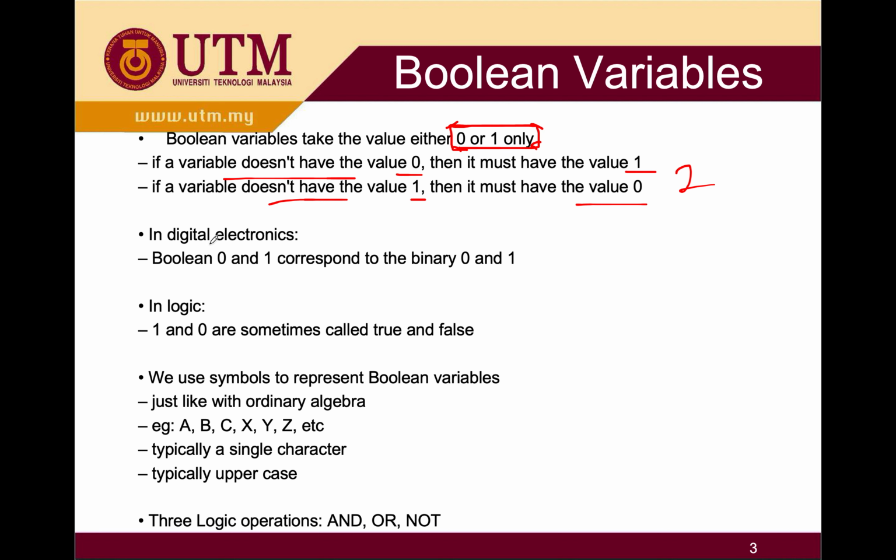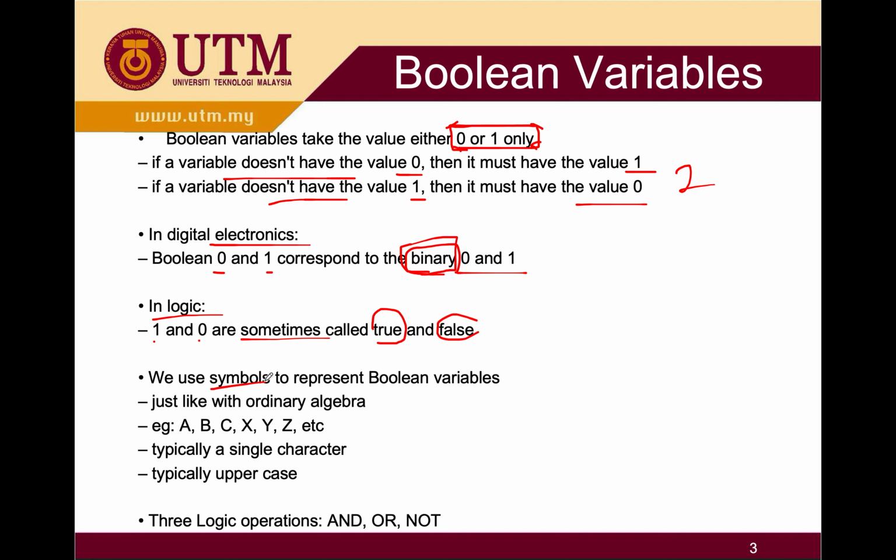And also in digital electronics, you have the Boolean 0 and 1, which corresponds to binary. This one you already learned in your numbering system. You have binary, and binary only has the digits 0 and 1. In logic, 0 and 1 are sometimes called true or false, and sometimes on and off also.